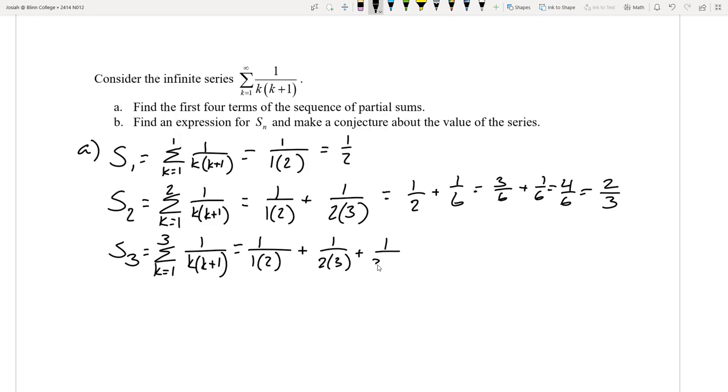So we'd put in 3 here. Or we could just take this 2/3 and add the last term. So 2/3 plus 1/3 times 4. That's 2/3 plus 1/12, which gives us 8/12 plus 1/12, which is 9/12, which gives us 3/4.